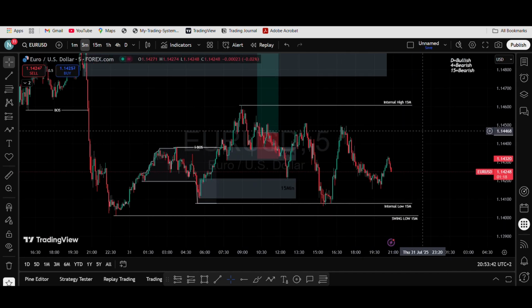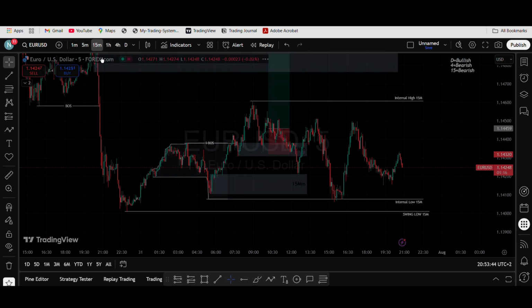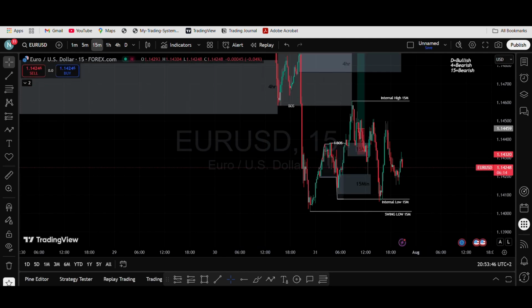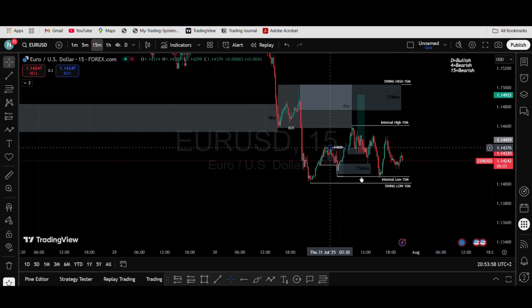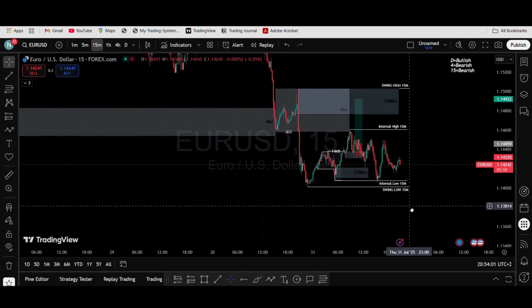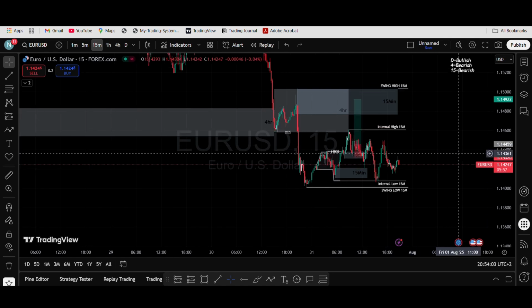But I think overall, that's not a bad trade by any means. Just the fact that I entered after I had already missed my window is the bad part. So maybe just work on that a little bit, right?